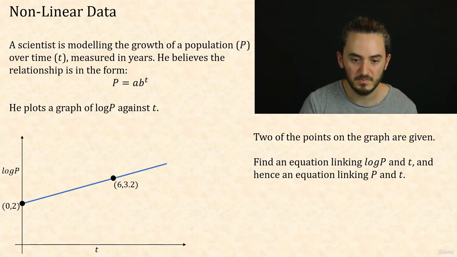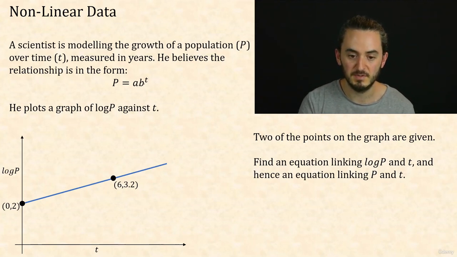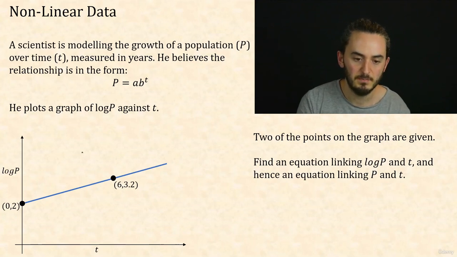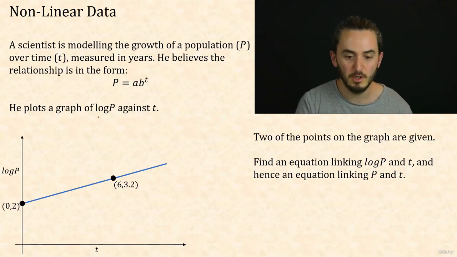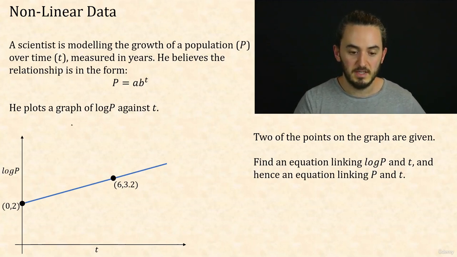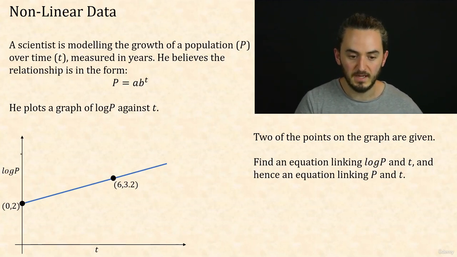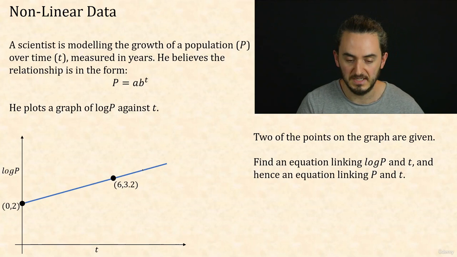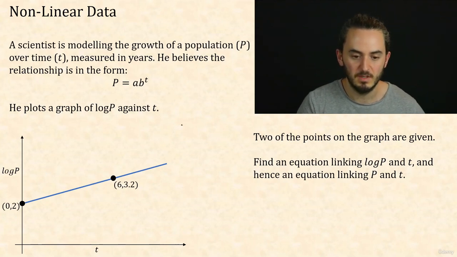So that's a coefficient times a base to a power. He plots a graph of log P against T. So we've seen now that if you've got an exponential relationship, if you change the y-axis to a log y-axis, or P-axis to a log P-axis, it will turn your curve straight.